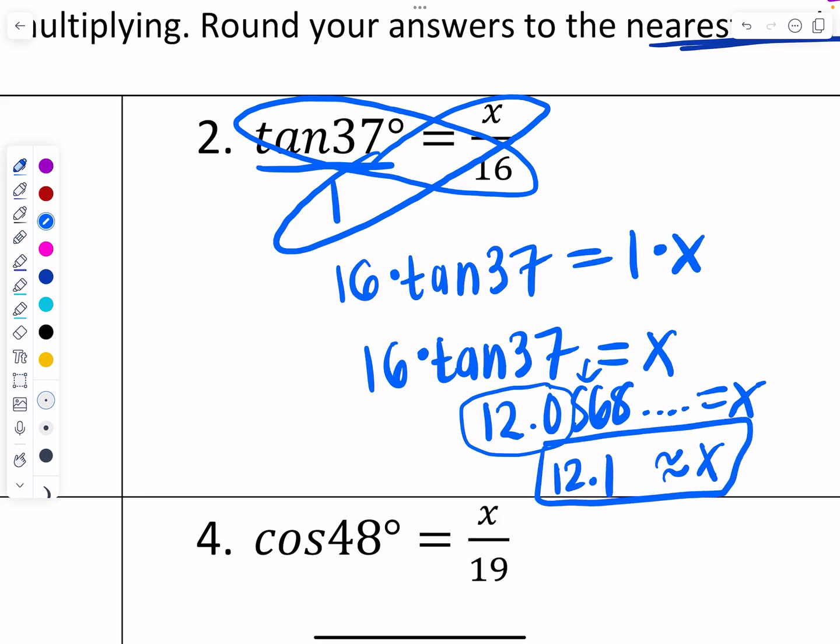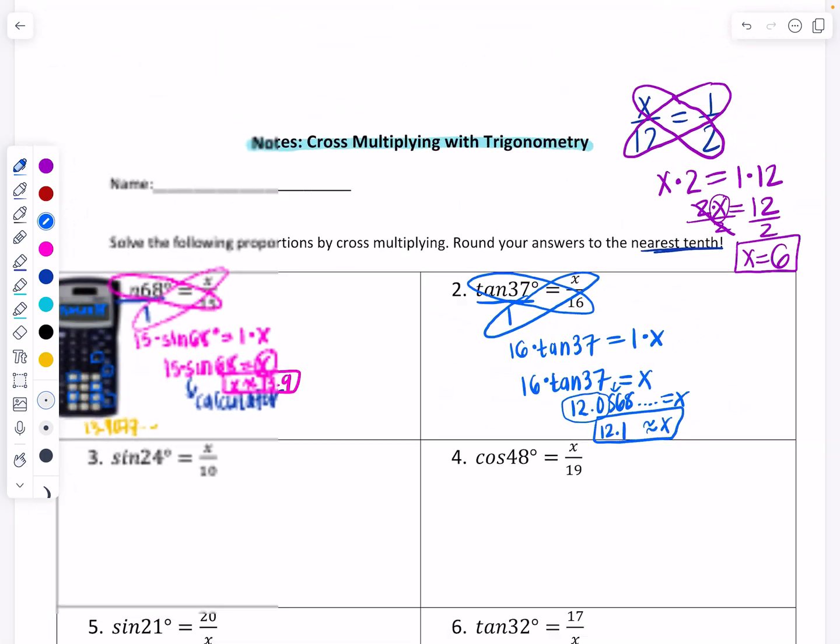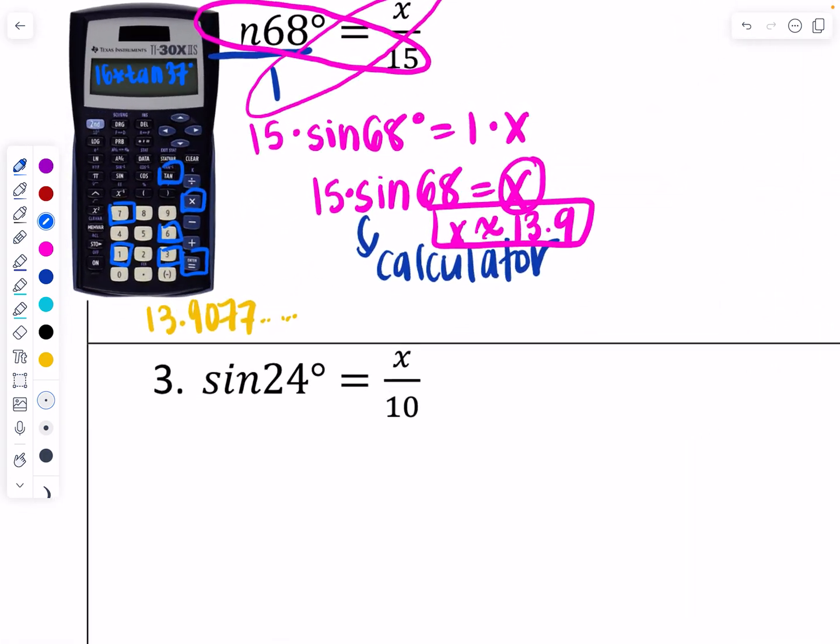About 12.1. Okay? All right, let's do another sine problem.